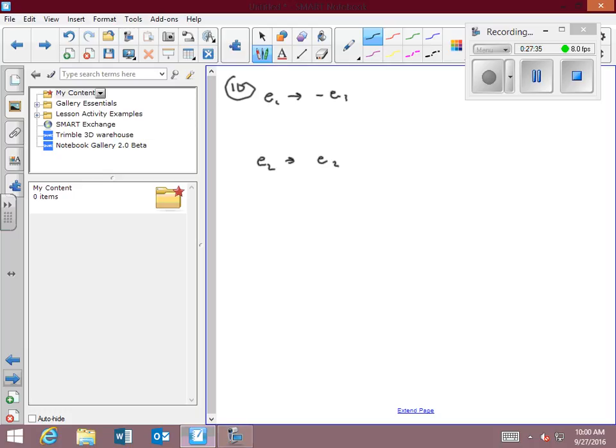So at this point, what you have, this one is negative 1, 0, and then this one is 0, 1. So that's what you have. Then you're going to rotate that by pi over 2.